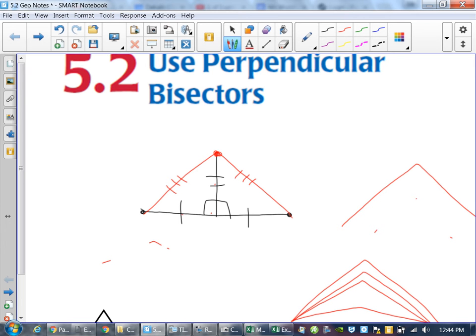So no matter what, whenever you have a perpendicular bisector, any point on it is always equidistant to those endpoints, no matter what. And that's why, because it creates isosceles triangles. So let me write that out.